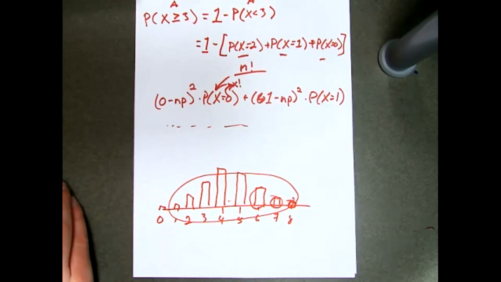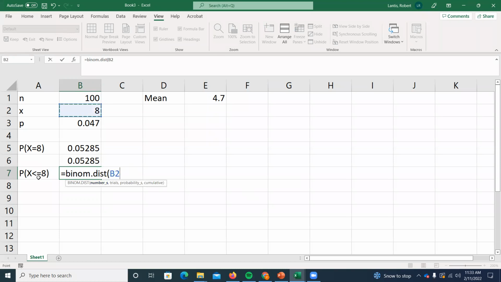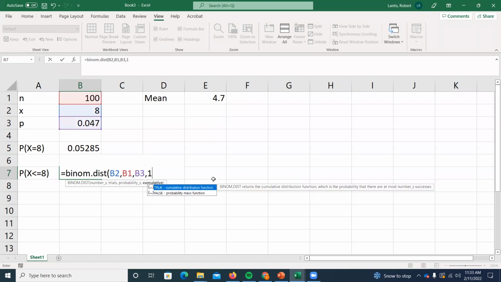So how do we do this in Excel? I use that binom.dist function. I'm going to still tell it what my cutoff number of successes is, which is 8, less than or equal to 8, comma, the number of trials is 100, comma, the probability of success, 0.047. But now I'm going to put a 1 there for cumulative.